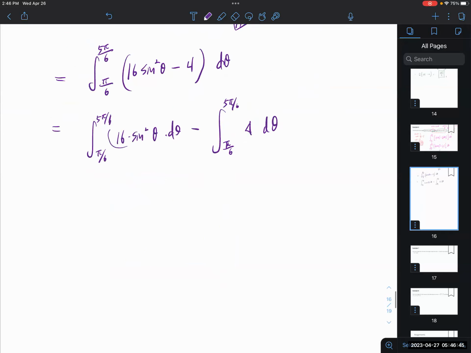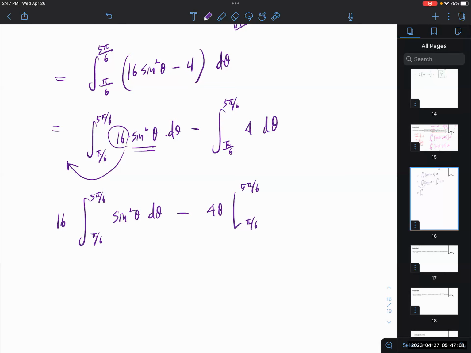Now you can bring 16 here, and convert sine squared theta to something with 1 minus, then you can find the simple answer later. If I do a little bit for you: 16 times the integral of sine squared theta d theta, and this is 4 theta, from pi over 6 to 5 pi over 6.